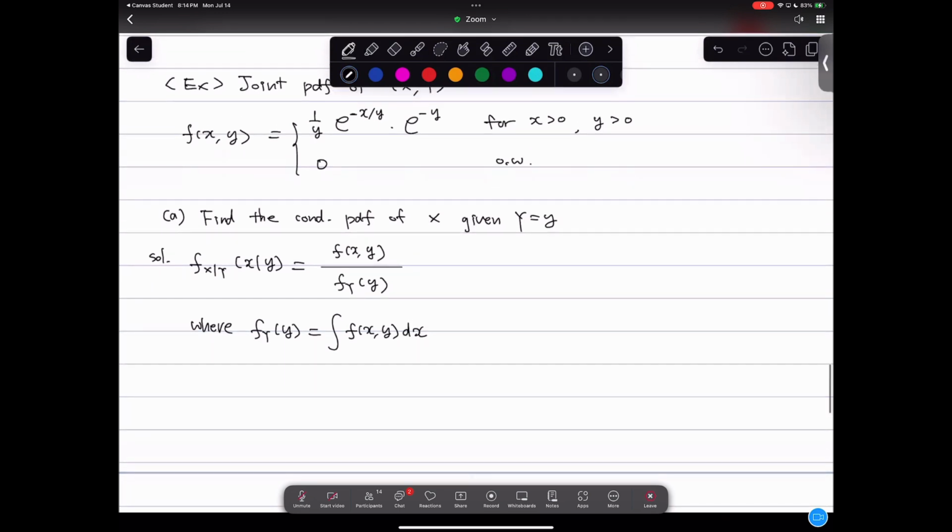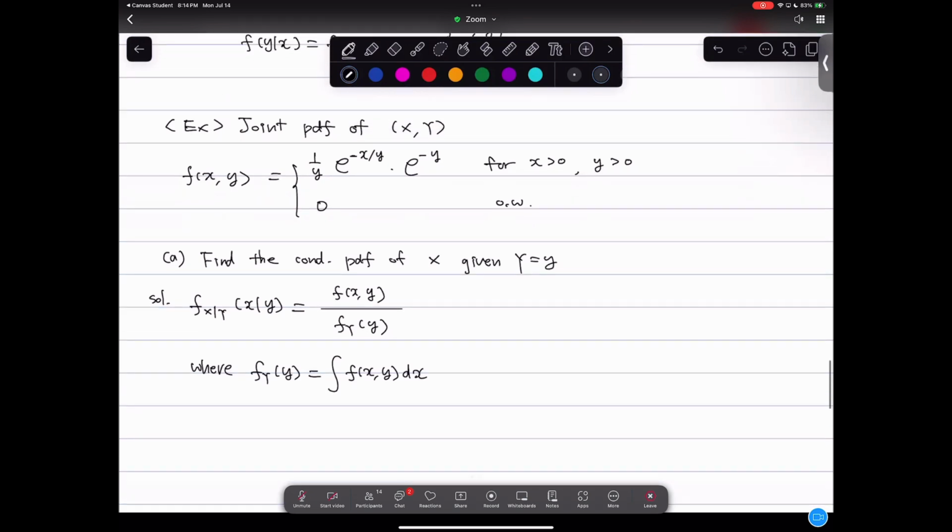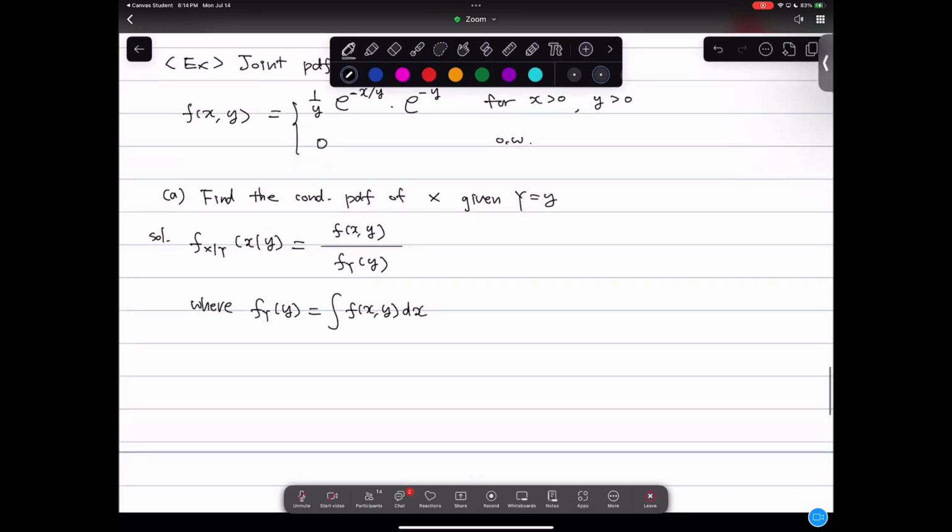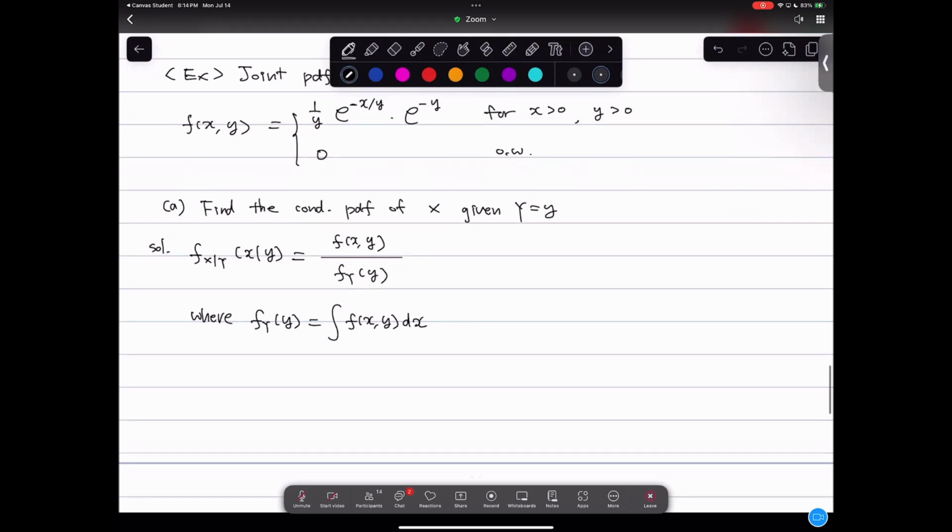Then I have to think about the support. Do I have to worry about this region? Is it a rectangular shape or not? In this case it's not very complicated: x and y are both 0 to infinity. So your support is nicely formed.